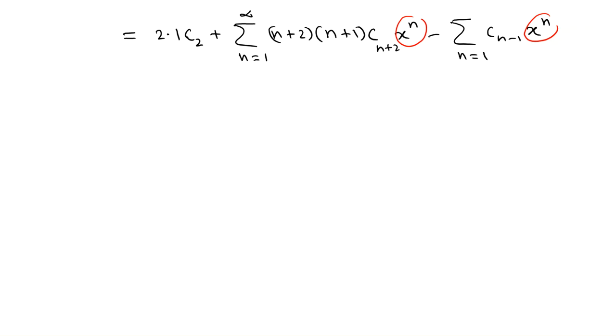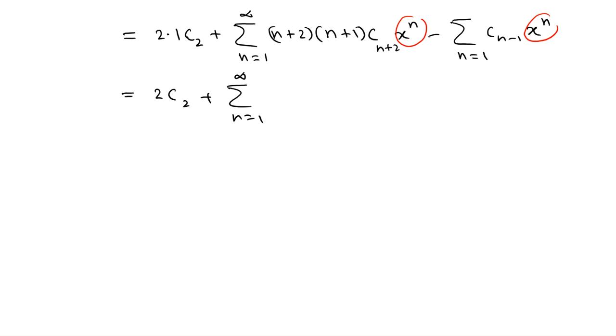Okay, good. Now you can see that it is x to the n and the same index, so you just combine the two coefficients. If you combine them now, this simply becomes 2C2 plus sigma n going from 1 to infinity, the same index now, just the same n. So you can combine them.